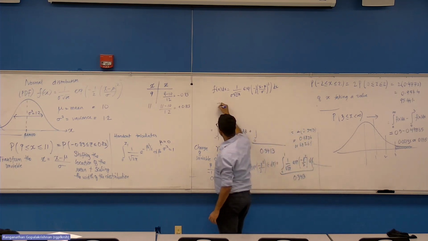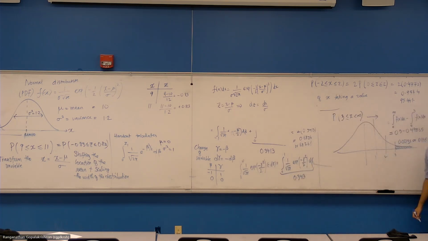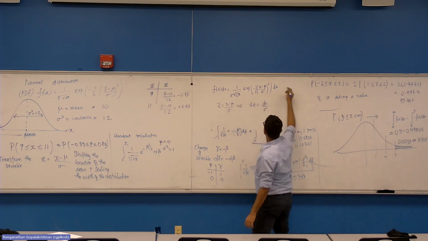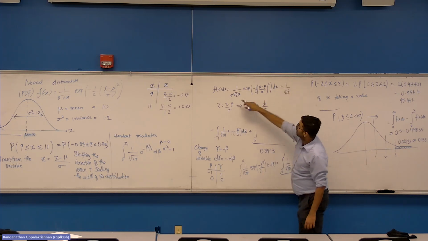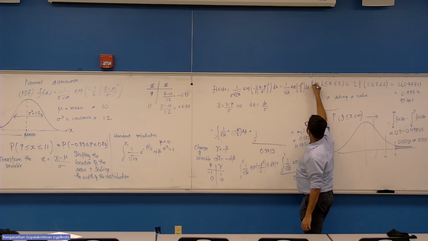So if I make the variable switch z equals x minus mu divided by sigma, this implies dz equals dx divided by sigma. Would you agree? Okay, just differentiating both sides. So this function, I can simply write as 1 over square root of 2 pi, absorb that sigma into the dx, and write this as exponent of minus z squared over 2 dz.